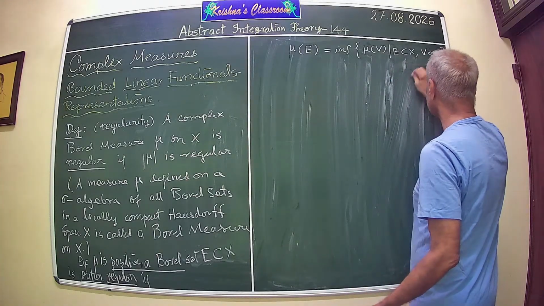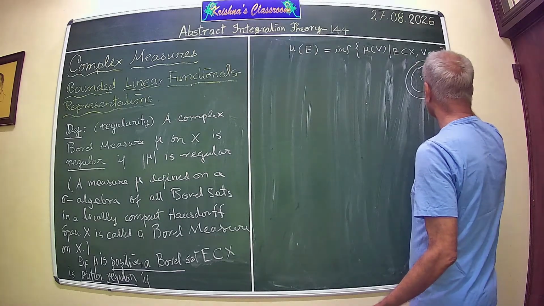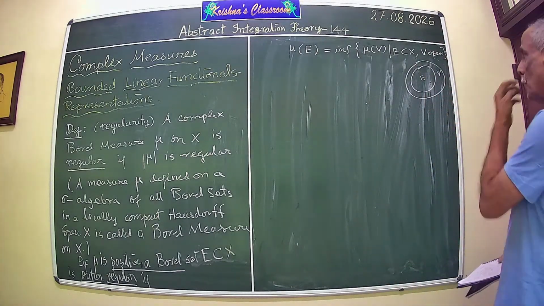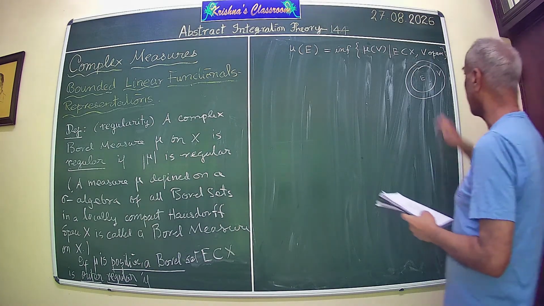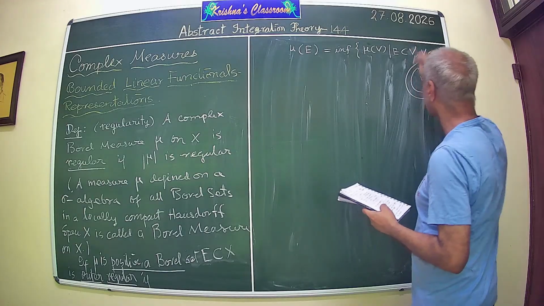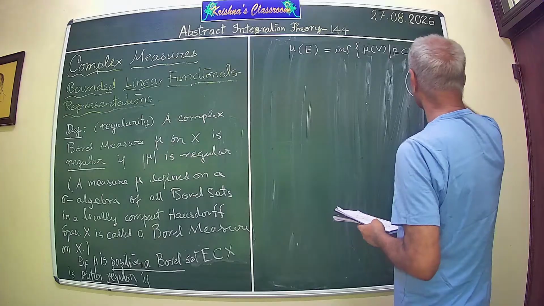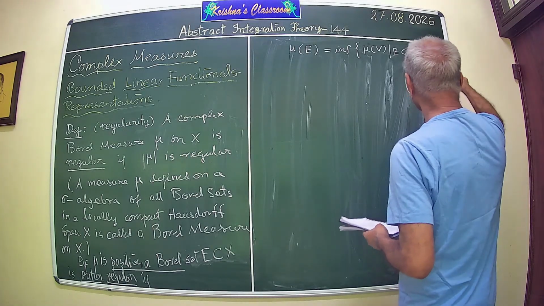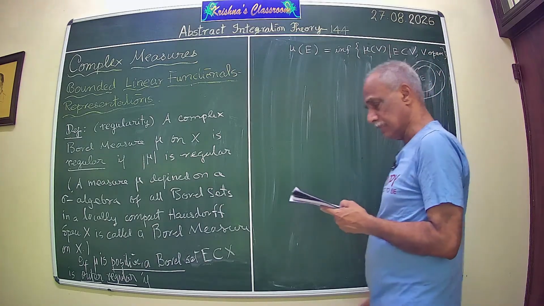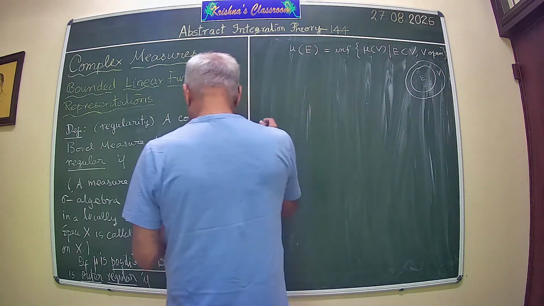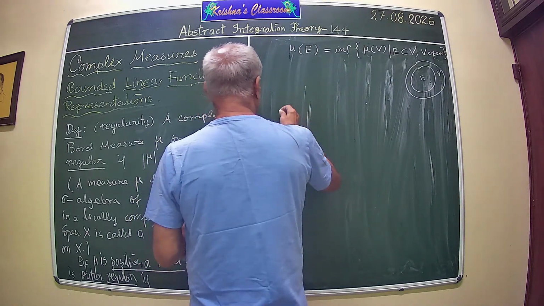So this is your E. Now E is inside an open set V containing E, and mu of E is essentially the infimum of mu of V for all V containing E. Then it is called outer regular.